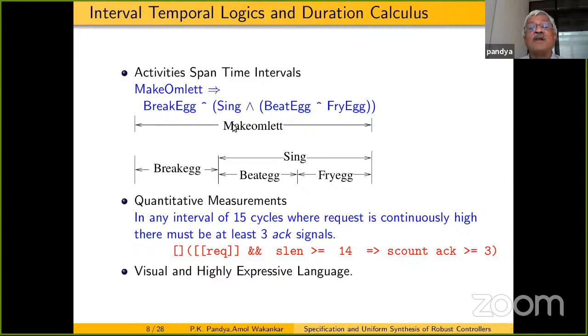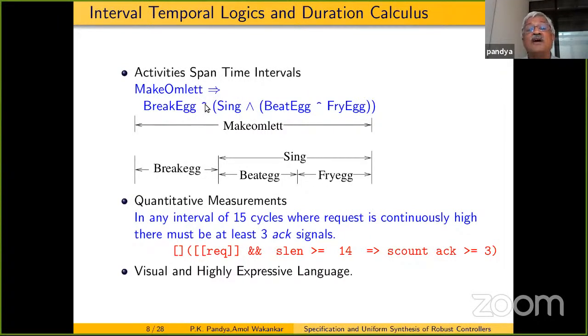Making an omelette involves sub-activities. The first sub-activity is breaking the egg, which spans some sub-interval. As soon as breaking the egg finishes, I do the following sub-activities. This is my recipe: I start singing a song, and the song starts at this point and ends at this point. While I sing, I do two further sub-activities: I beat the egg followed by frying the egg.